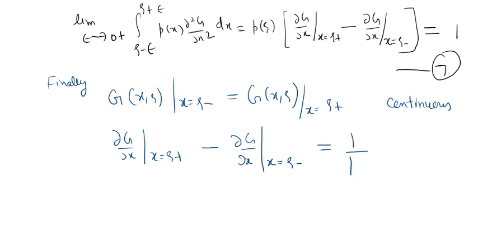This is called the jump in the first derivative. So these are two conditions on g, and these conditions will be used in the construction and solving of differential equations.